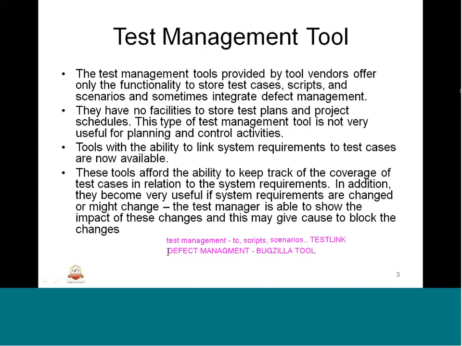So the test manager has to see the plans, and this tool will provide the numbers and all those artifacts, and he needs to align that against the project schedule. So they have no facilities to store test plans and project schedules, so this type of test management tool is not basically useful in controlling the activities, but they need to be aligned manually by the test manager.